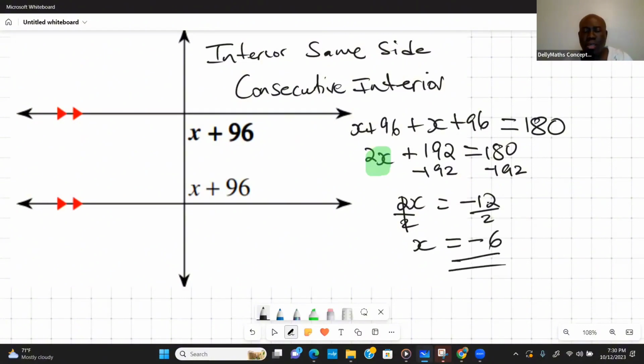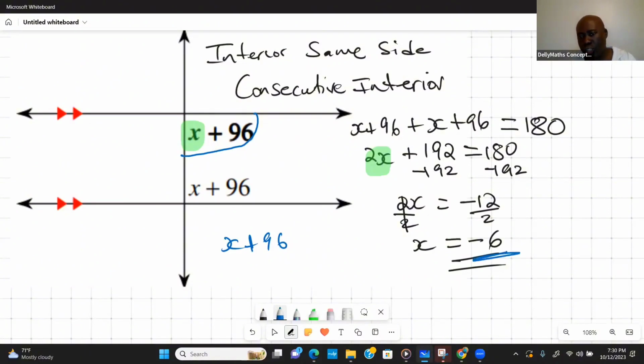Now, this is not the solution to the problem, but this is a value for x. I need to substitute -6 for x, then I'll be able to find a value for this entire angle here. So let us substitute -6 for x. For example, x plus 96 is an expression that describes the angle that we need to find a value for.